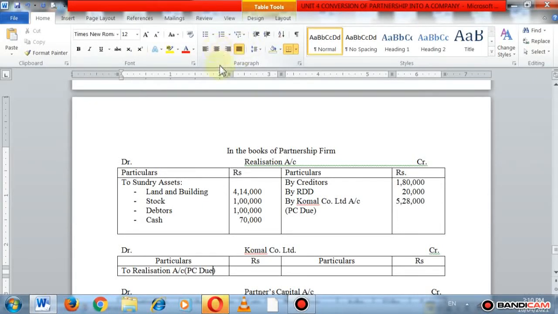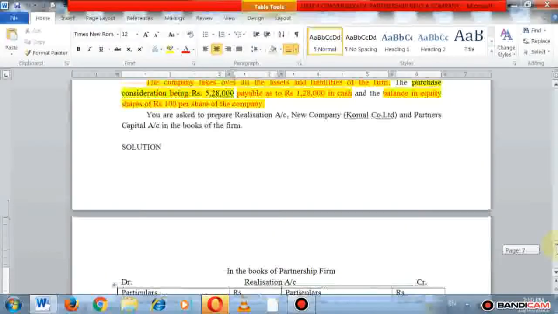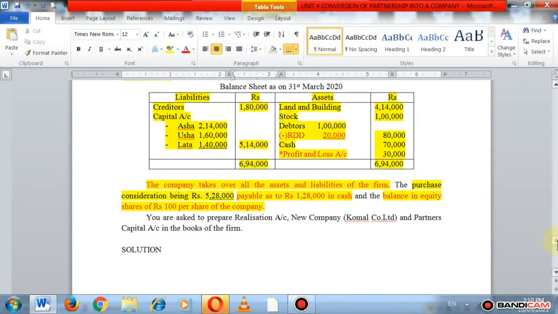PC due means PC receivable. Okay, got it. Amounted to rupees 5,28,000. Okay, so here we transfer the purchase consideration. Now we receive the purchase consideration. Now we record the amount received from the new company as a purchase consideration.